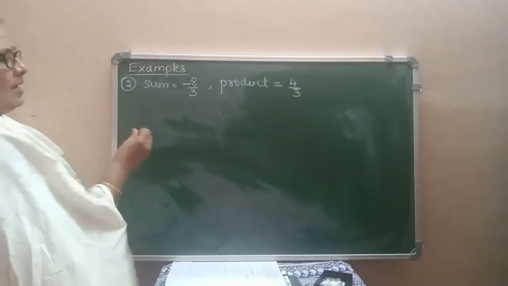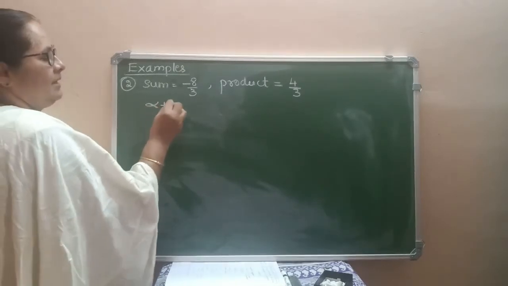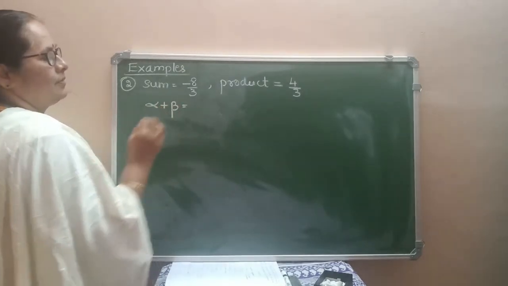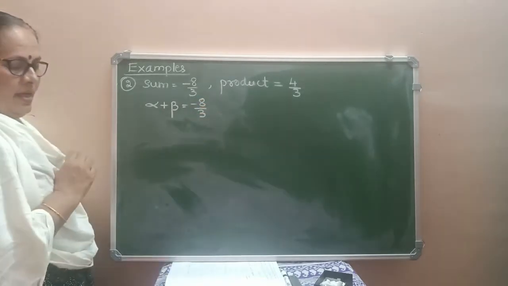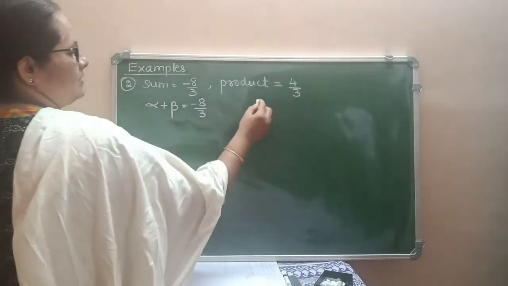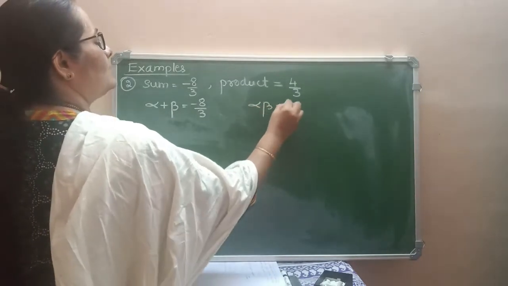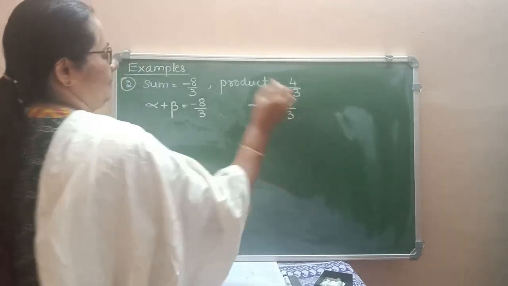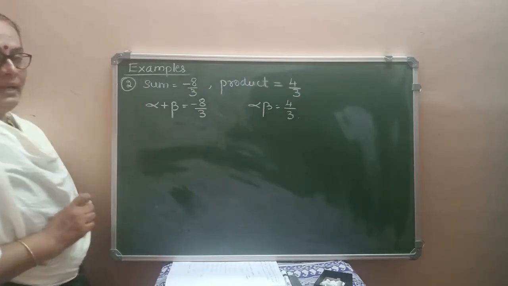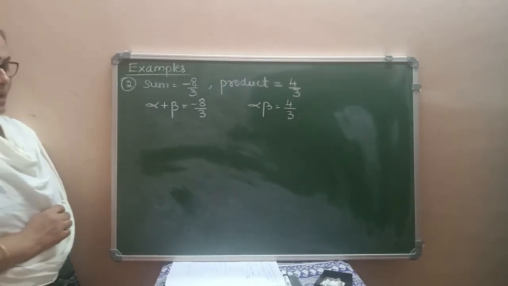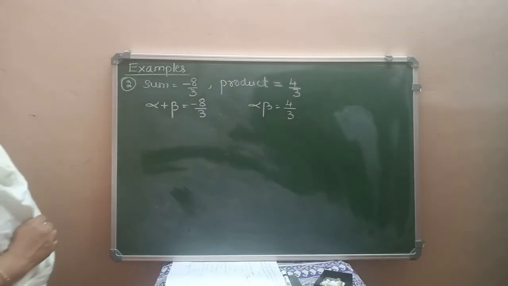So sum, that is alpha plus beta, where alpha and beta are the two zeros. So sum is minus 8 by 3. And product of the zeros, that is alpha beta, equals 4 by 3. Now alpha plus beta is minus 8 by 3 and alpha beta is 4 by 3.